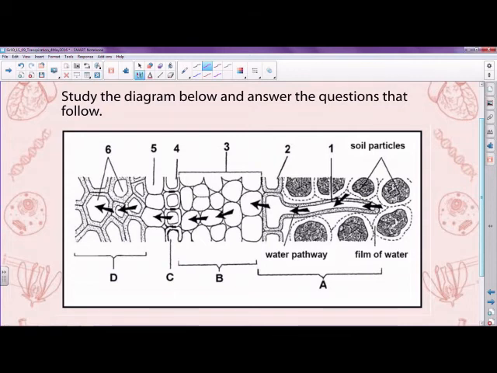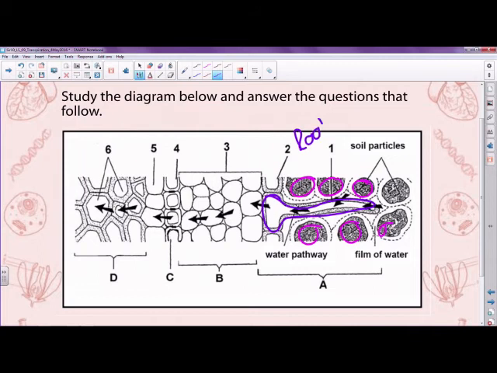Guys, when you look at the diagram, look at the obvious structures that tell you what it is. The obvious structures are here. Soil. If this is soil, and this diagram over here, my root hair, that's going to tell me that this diagram is going to show me a root.